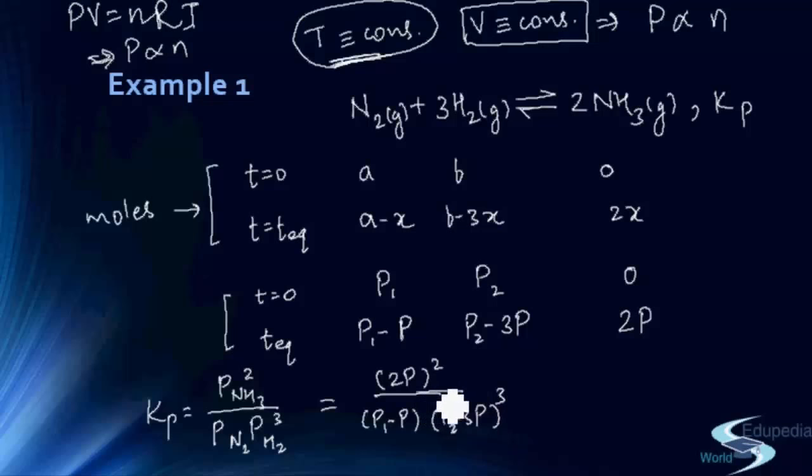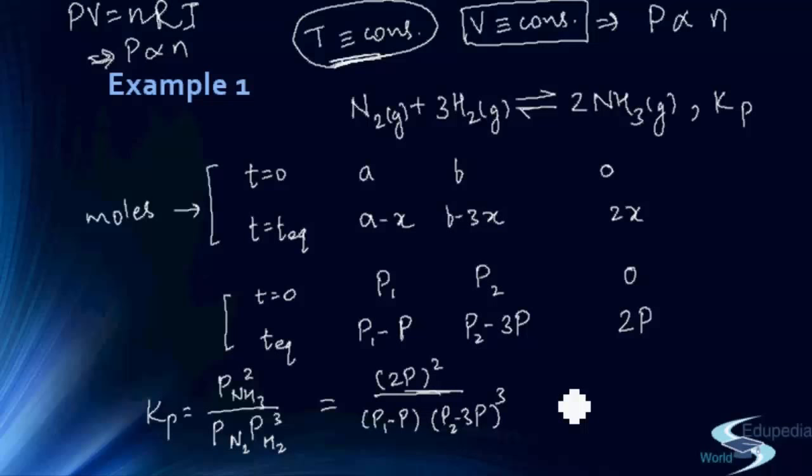If they have given you P1, P2 and P, which they will give you in the question, you can simply find the value of Kp using this expression. So this is a very simple method where what we used to do for moles, we did for pressure.